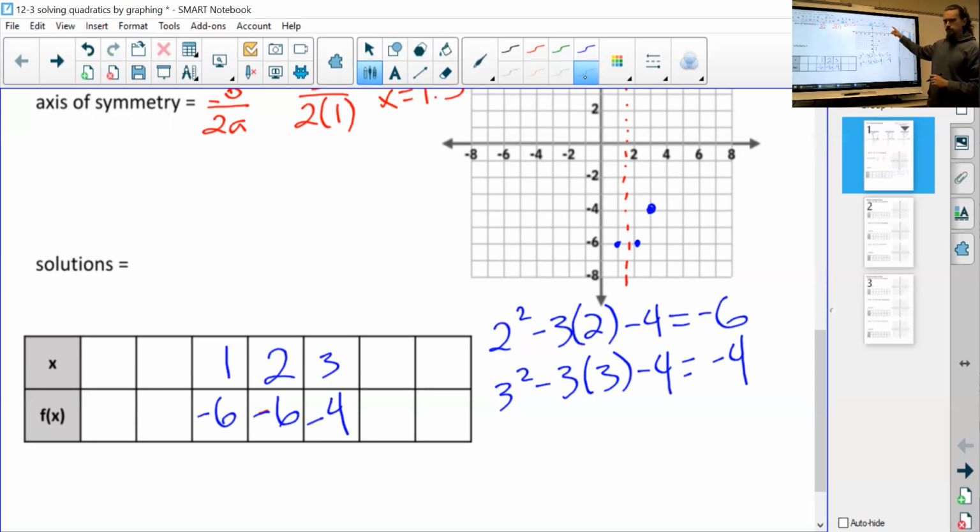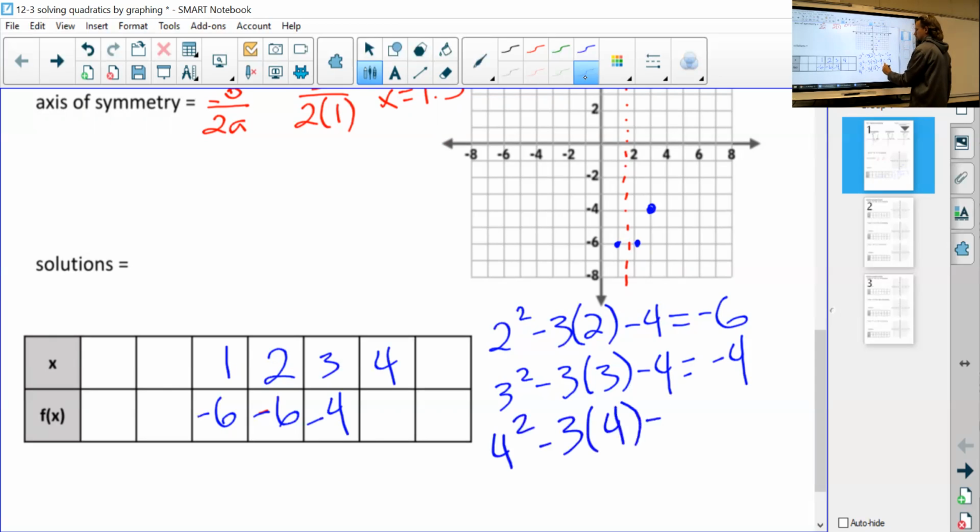So I'm getting closer. Remember, I want my answer to be 0. Let me keep going. x is 4 now, so 4 squared minus 3 times 4 minus 4. So that's 16 minus 12 minus 4 more. Look at that. There we go. That is 0.